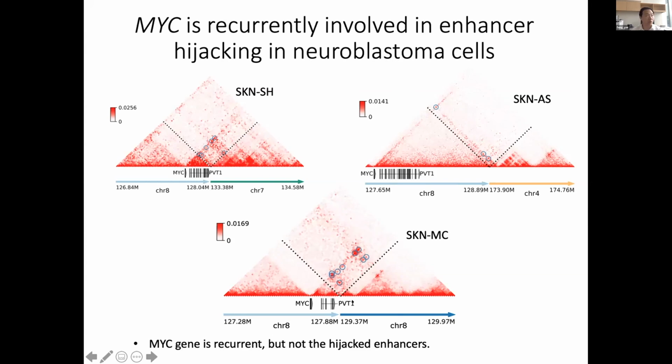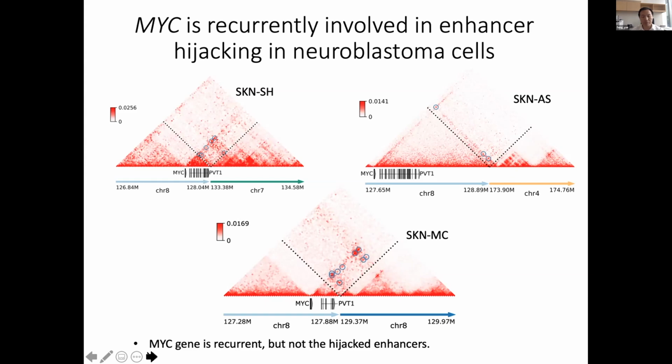This last one is more like an intra-chromosomal translocation, right? In 3 different locations, MYC is involved with enhancer hijacking, but with two different enhancers. In general, that's how we observe it: oncogenes are recurrently involved with enhancer hijacking, but sometimes with 2 different enhancers, most likely because each patient or each cell line has a different SV profile.